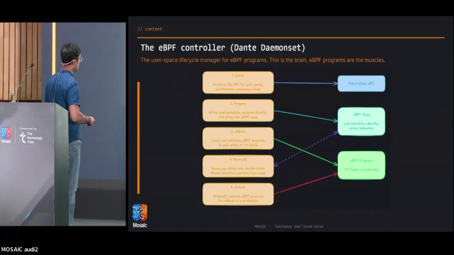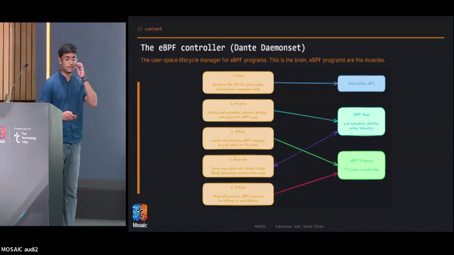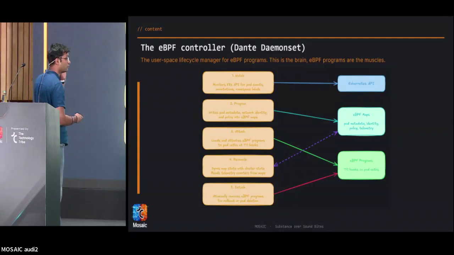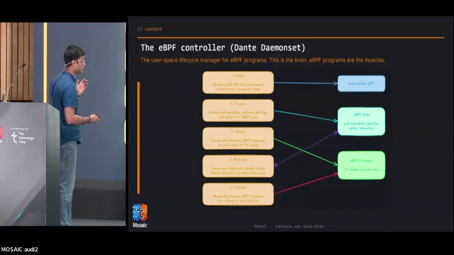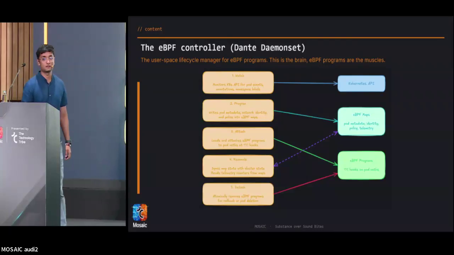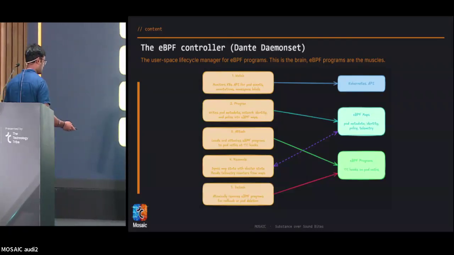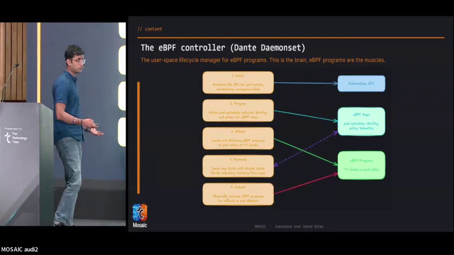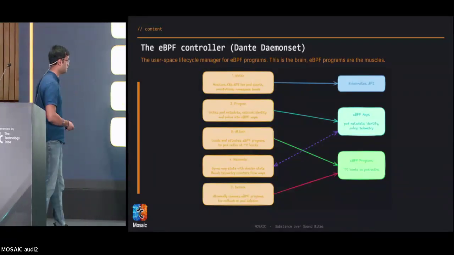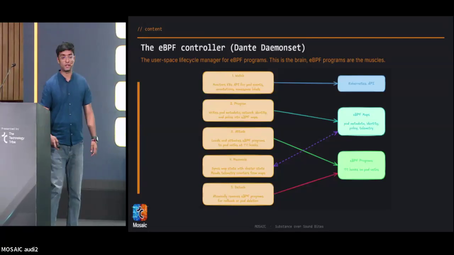Alongside that reconciliation, Dante also reads those maps for telemetry data and exports the metrics in Prometheus format. And once the pod is deleted, for any reason, could be scale down, or a spot interruption, or whatever the case may be, it's supposed to detach those eBPF programs as well.